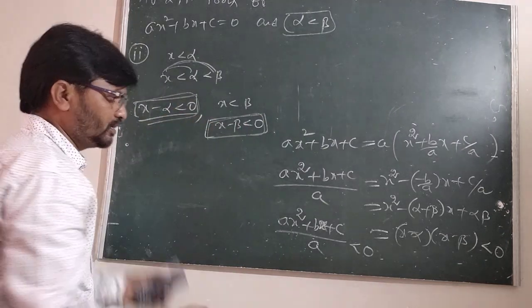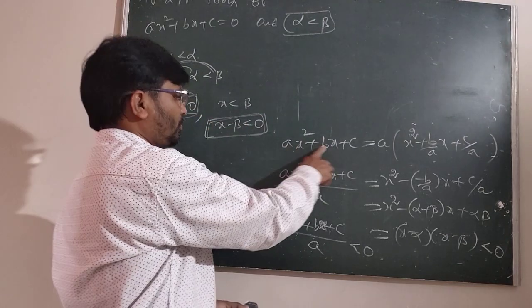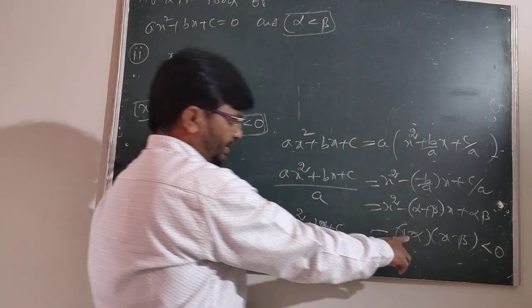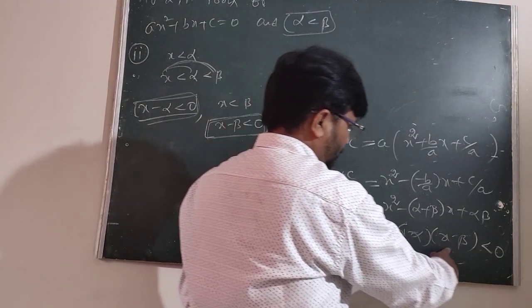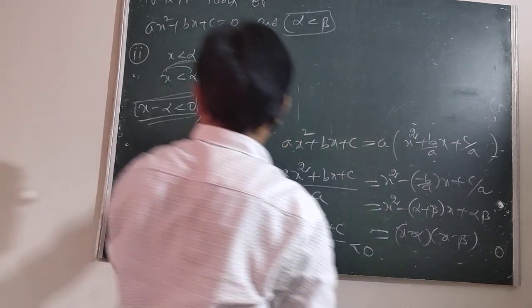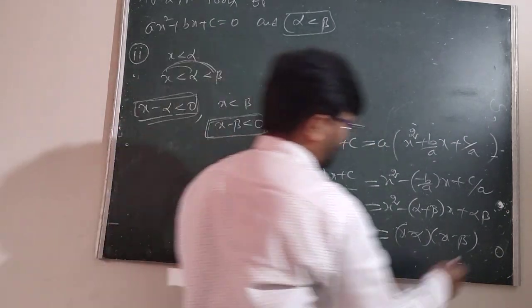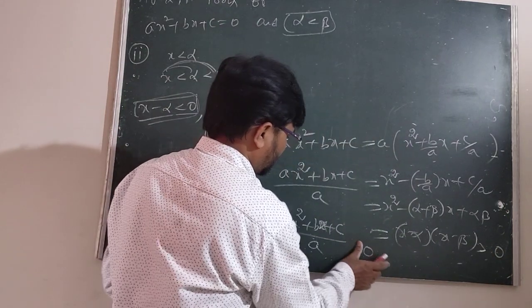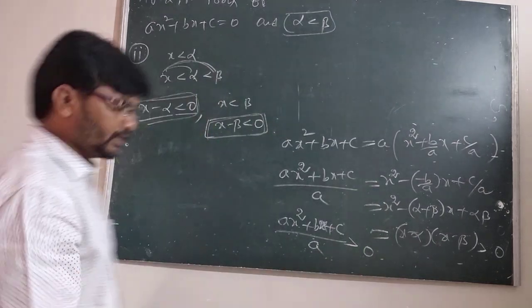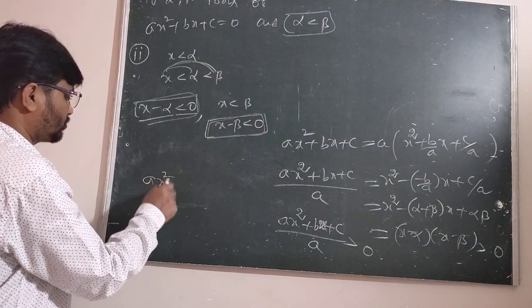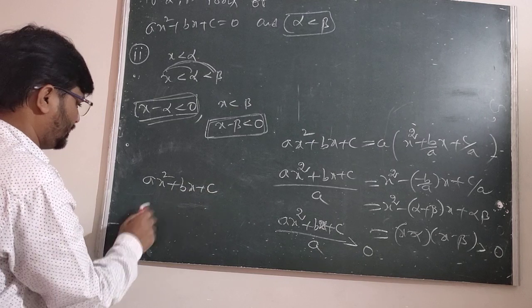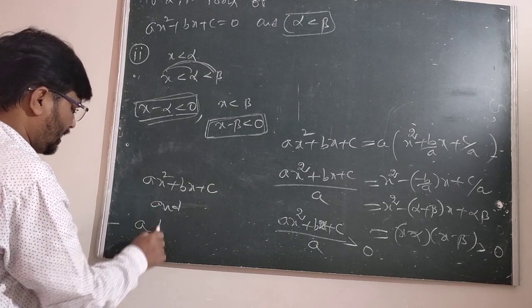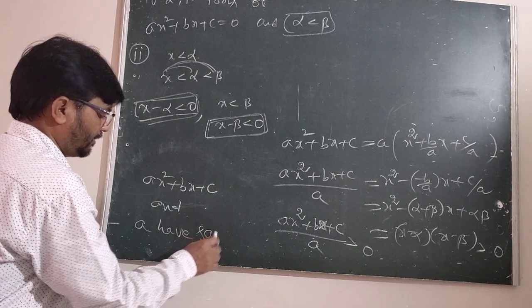Minus into minus is plus. Now ax square plus bx plus c can be written as x minus alpha into x minus beta. Here minus into minus is plus. Therefore this is greater than 0. Greater than 0 means ax square plus bx plus c and a have the same sign.